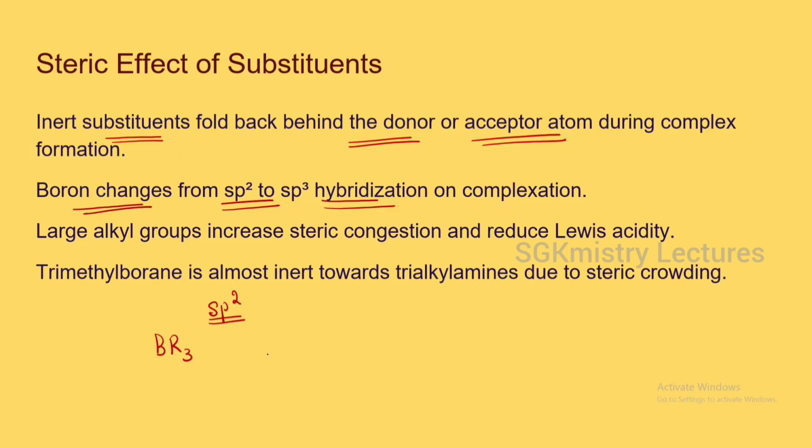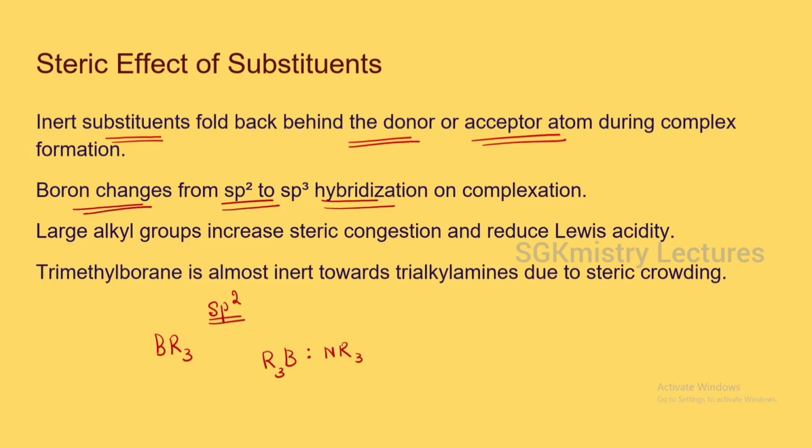Suppose we are talking about the formation of an adduct of BR3 with a substituted amine. If the alkyl group is large, then it can branch off so that the acidic strength is reduced.